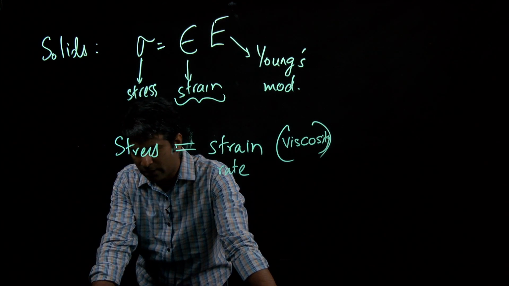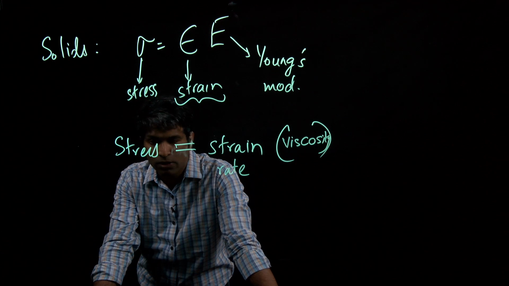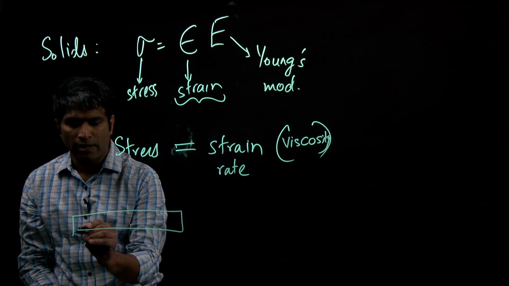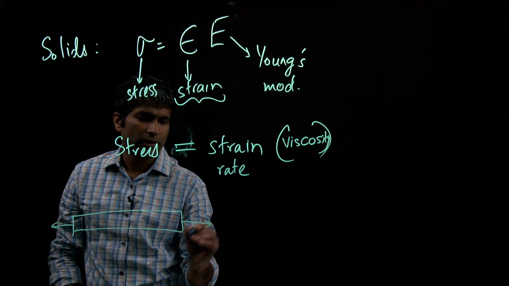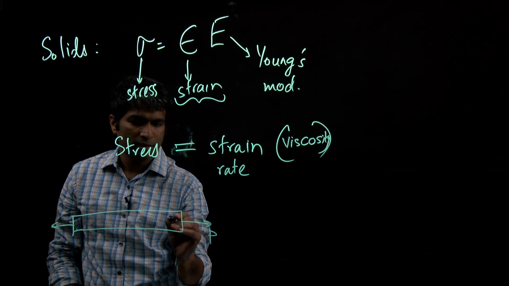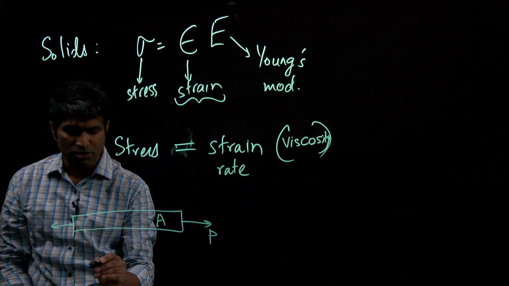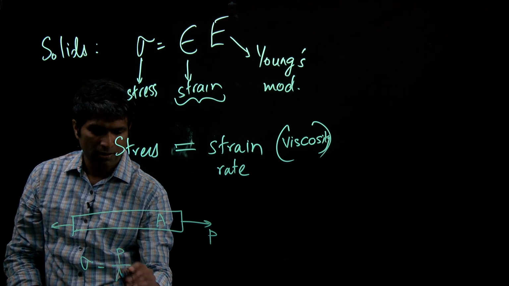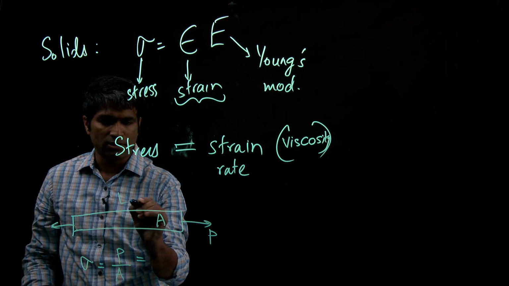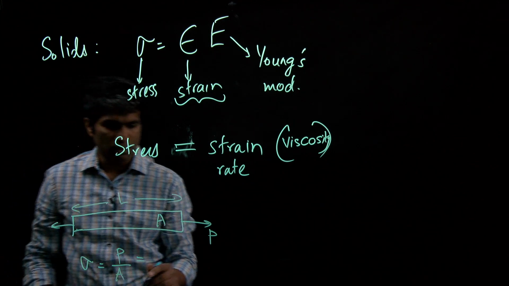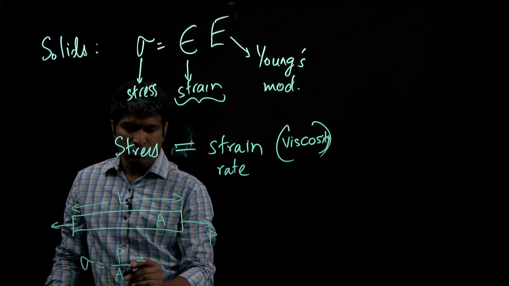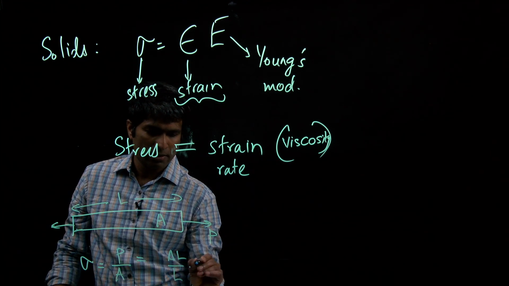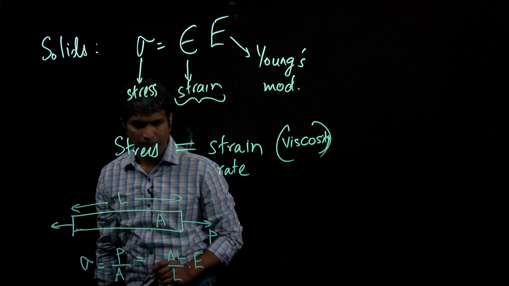In a solid, we saw in the one-dimensional system that if I, let's say, took a bar and applied some force P, let's say this had an area A, I would have said sigma is P over A, and let's say the length is L. I would have said that this stress equals the strain, which is delta L over L, times E, right?